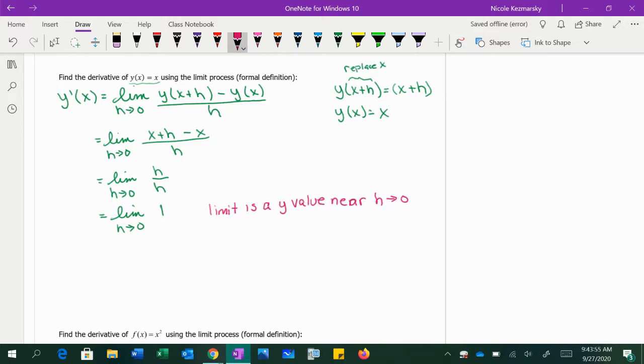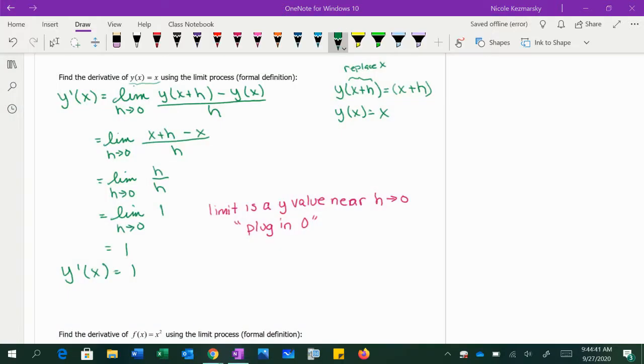So if I'm dealing with the y value of 1 as h approaches 0, that means that at 0, the y value is 1. So it's almost like I'm saying plug in 0. Another way of saying this is plug in 0. Well, if I plug in 0, there's nowhere to plug it in, which means I'm just going to get 1. So y prime of x equals 1.